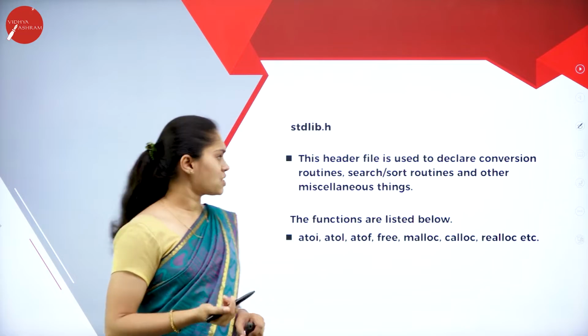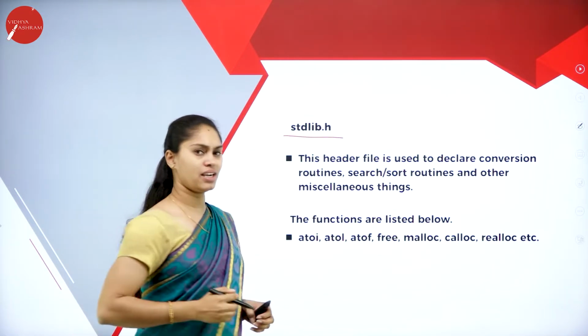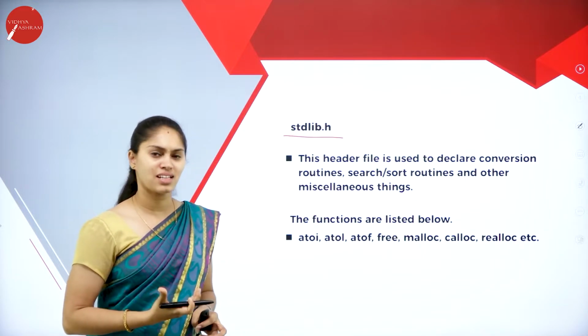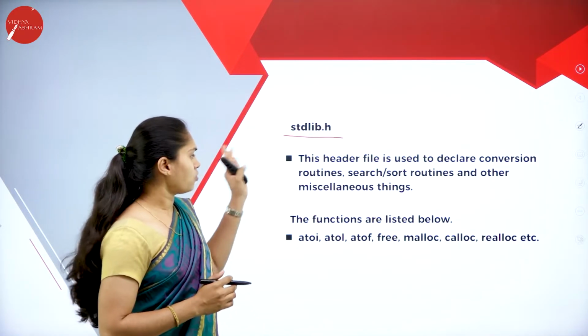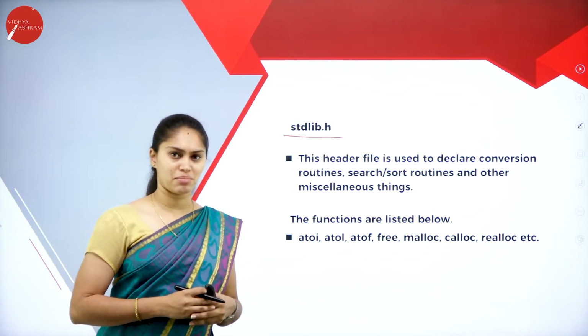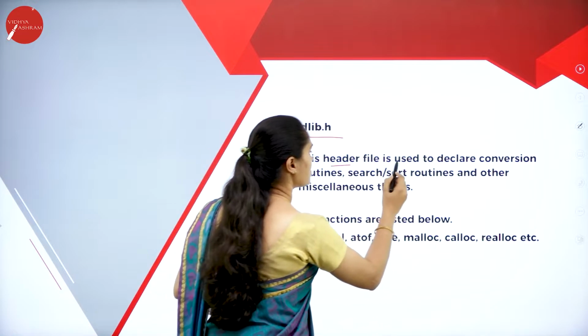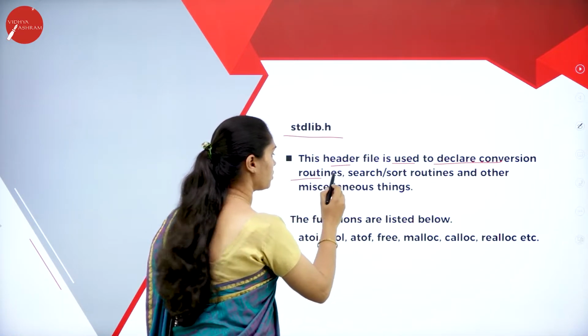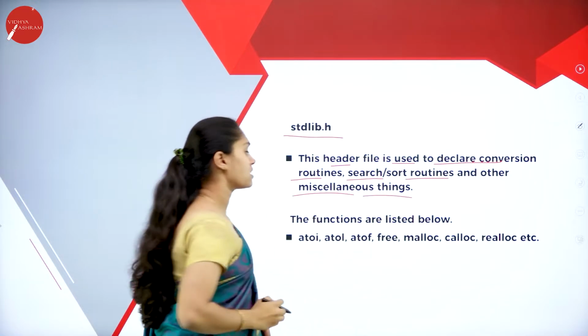After this we have stdlib.h. Std is nothing but standard and lib is nothing but library: standard library functions. Then what is the use of having this standard library in our program? We'll see now. This header file is used to declare conversion routines, search or sort routines and other miscellaneous things.